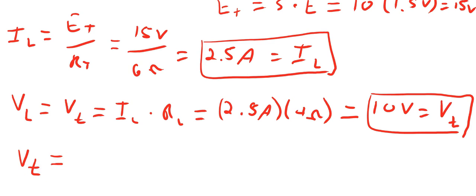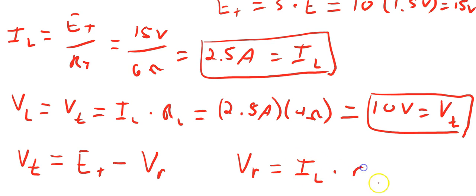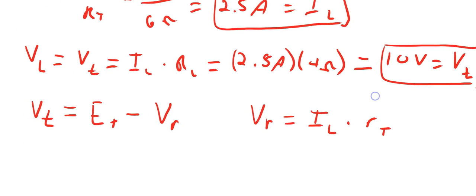Now, in the notes that you have been reading, you'll find that this equation is given for terminal voltage. It is equal to ET subtract the voltage drop across the internal resistance. Now, in this case, this equation has been produced by applying KVL to the circuit, and here the internal resistance voltage drop is equal to the current flowing through the circuit multiplied by that resistance value, and we have 2.5 amps multiplied by 2 ohms, and that gives us 5 volts.